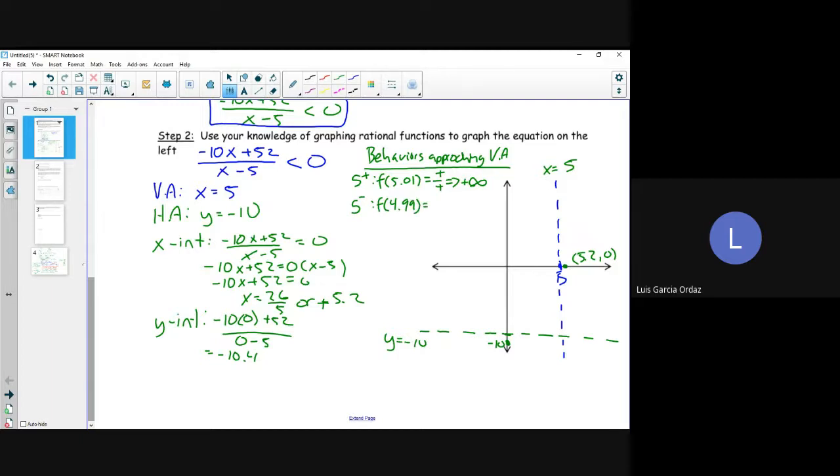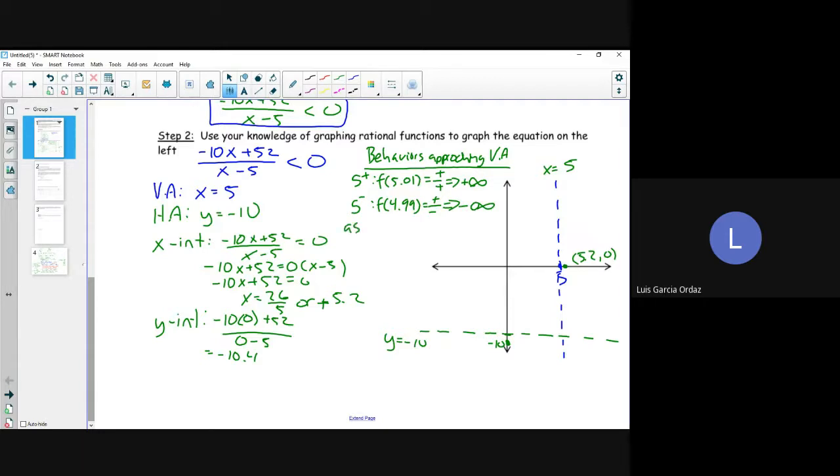And if we sub in 4.99, what sign do we get on our numerator? We get positive. And how about our denominator? We get negative. So that means this approaches negative infinity.